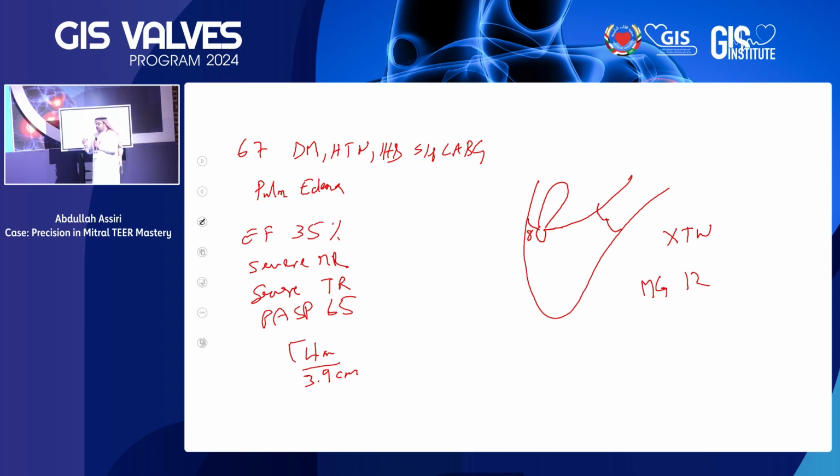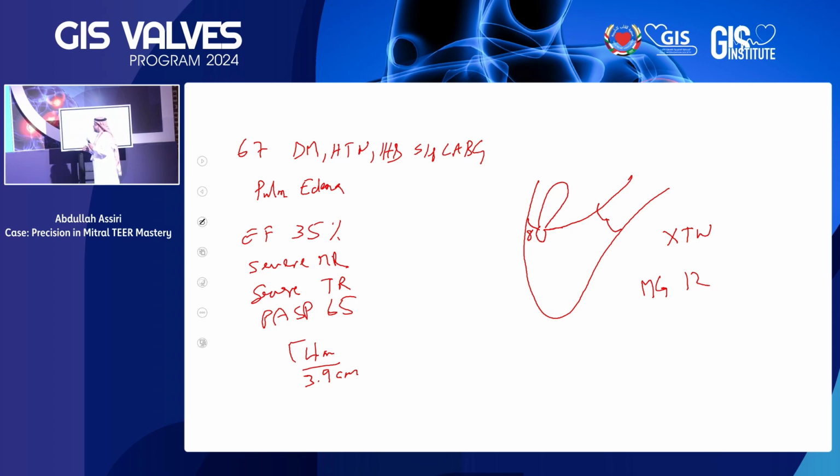This terminology is always said, but personally, I have no clue how to assess it. Sometimes the leaflet looks mobile, the area is good, the gradient is reasonable, but whenever you grasp, you will have a jump of the gradient, probably because the leaflet itself is stiff, fibrotic. I'm not sure if other modalities like MRI can help us in assessing this point in the future.